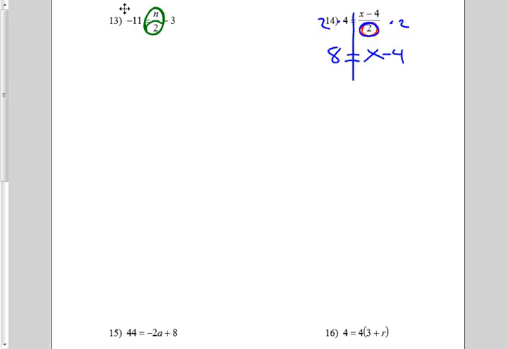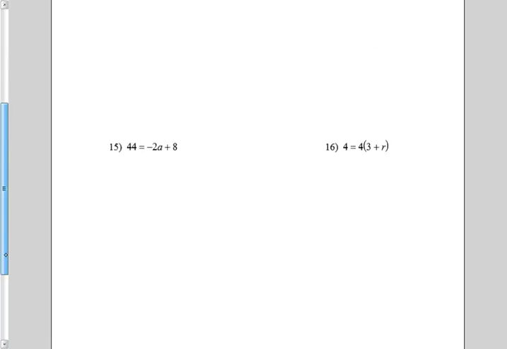And now it's real easy to see, okay, let's add 4. And then flip it around. Moving down, sometimes they're not as bad.